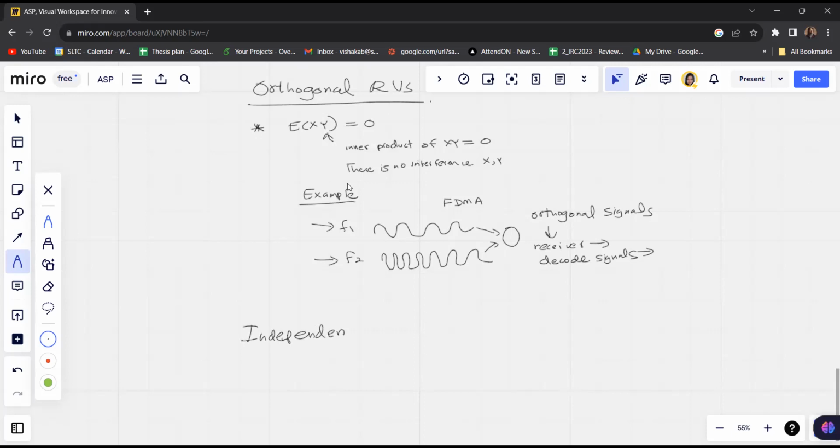So independence, or independent random variables, is also another kind of similar concept. And here, we have the mathematical definition as E[XY] equal to E[X]E[Y].